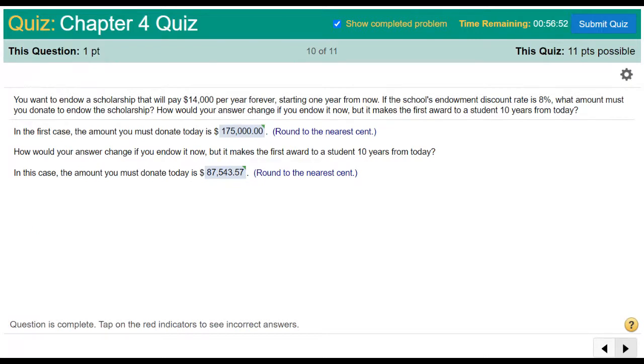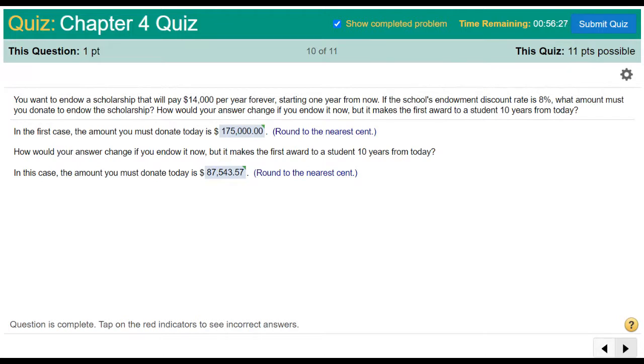And it should be 87,543.57, right? All he's saying is that I don't want this to start till 10 years. How much money do I have to give up right now? So that's from 0 to 9, because that's how you're calculating it.